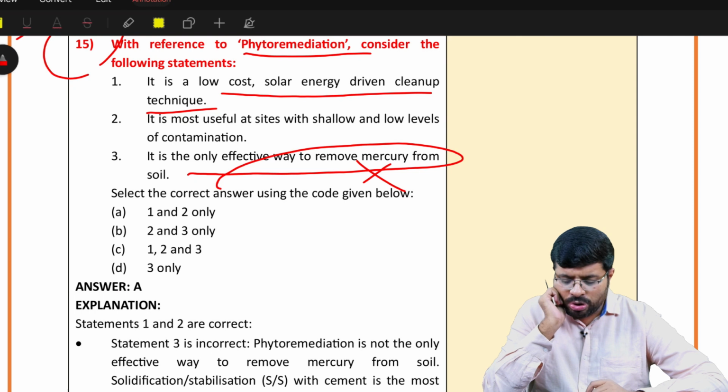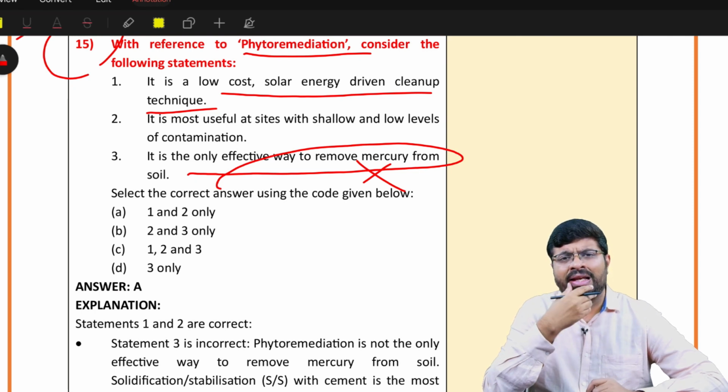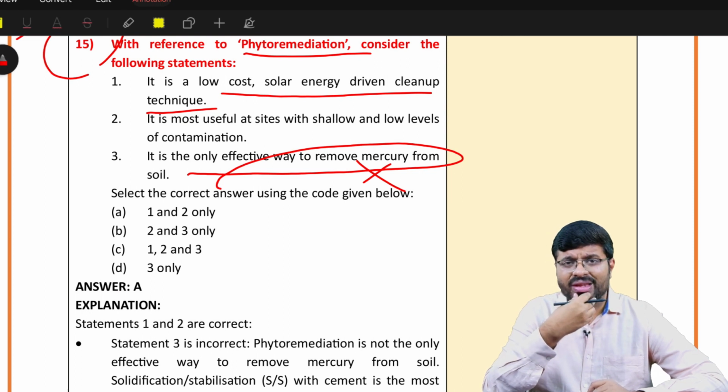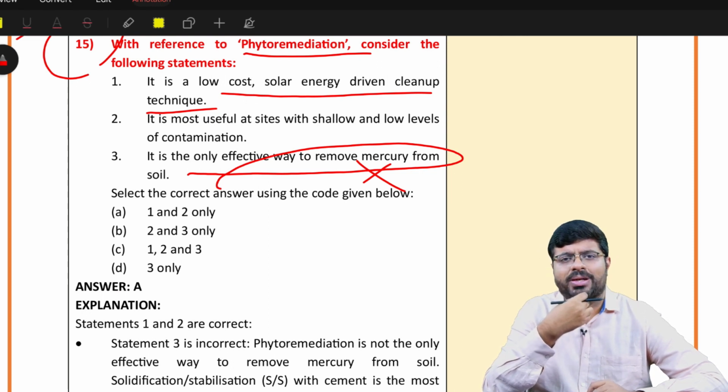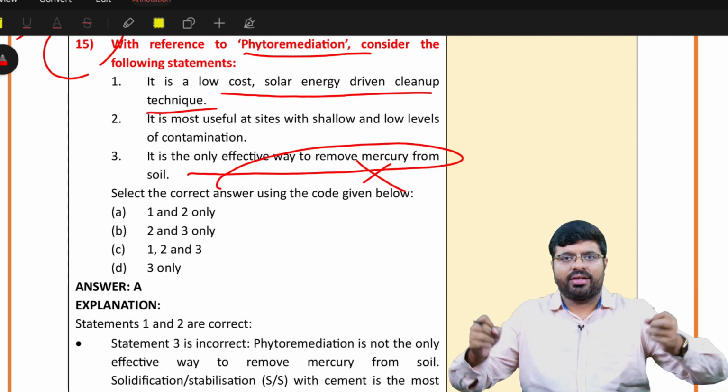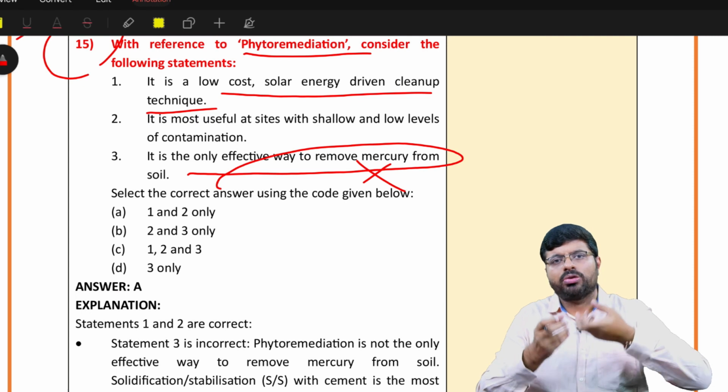Then, most useful at sites with shallow and low levels of contamination. If there is a high level of contamination, how can plants collect it? Usually phytoremediation is used in places where there is low level of contamination that is more scattered. With that, slowly they will be able to collect.